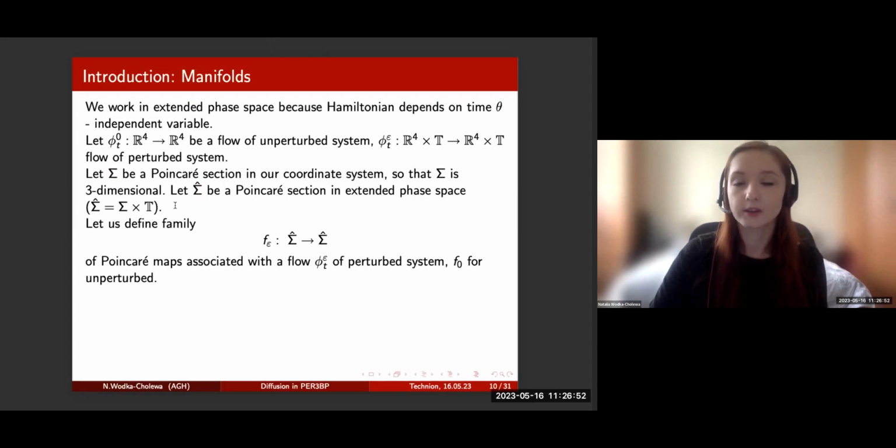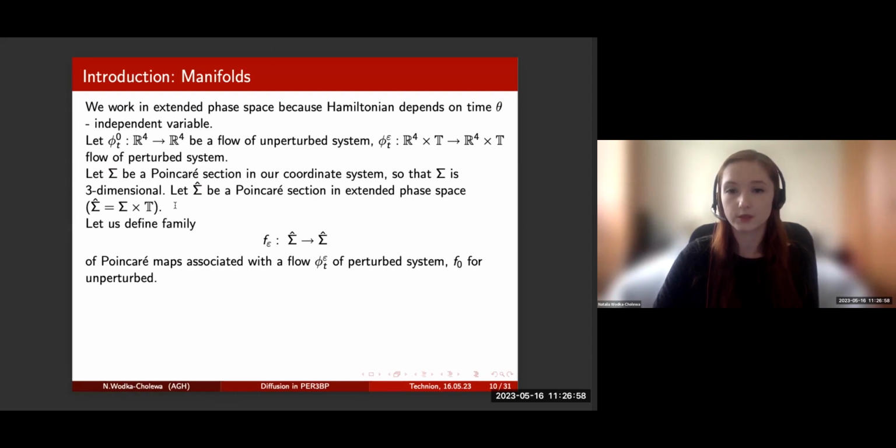Okay, we can define a family of Poincare maps on this section in the extended phase space, and it's a family because it depends on our parameter. So the family depends on the parameter epsilon, and it goes from section to section, of course, and it's associated with the flow for our system. And F0 will be for our unperturbed system, and it of course goes from sigma to sigma without hat.